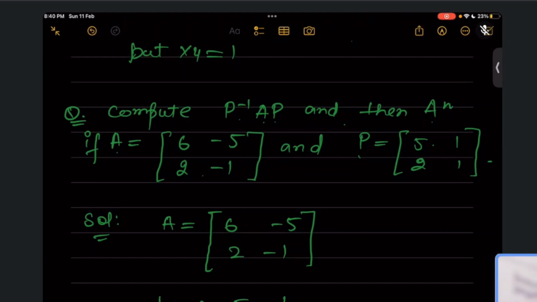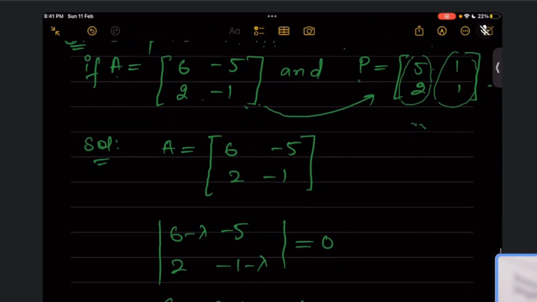But if the P matrix is not given, I did this question in this way so that you can understand how to calculate the P matrix. P matrix is nothing but the eigenvectors of this matrix. You find the distinct eigenvectors of this matrix and put it in this form. That will be the P matrix.